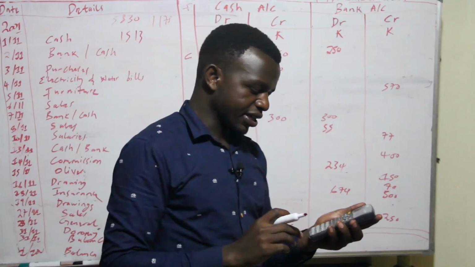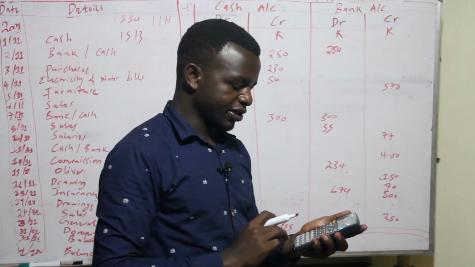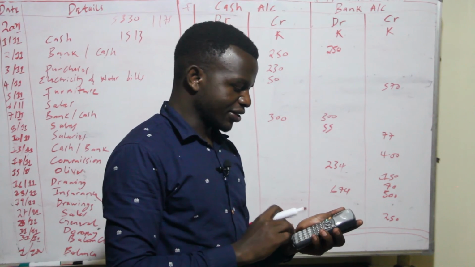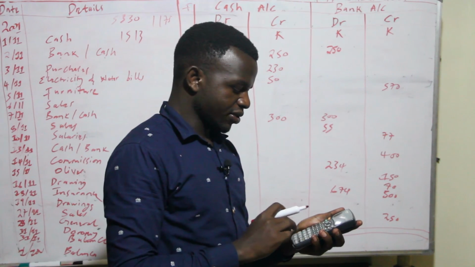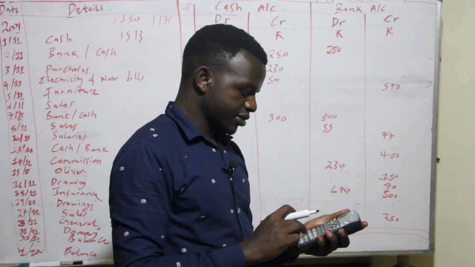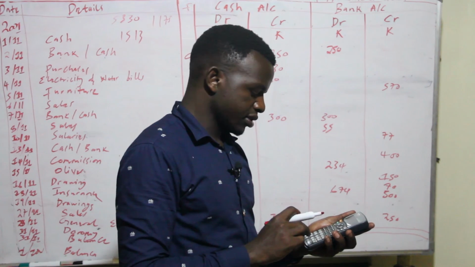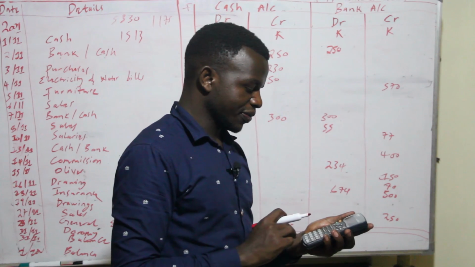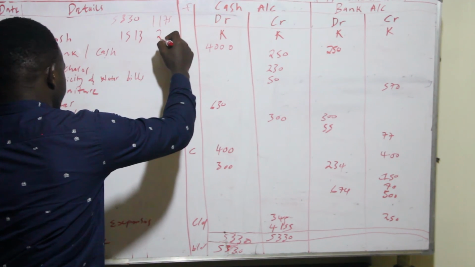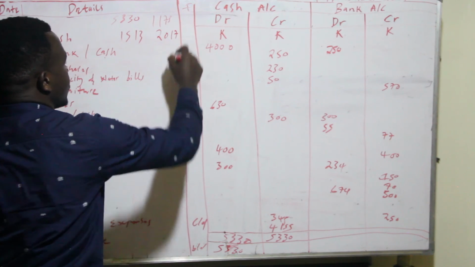What about on the credit side? We have 570 plus 77 plus 400 plus 150 plus 70 plus 500 plus 250. So I'm having 2,017 on the credit side.